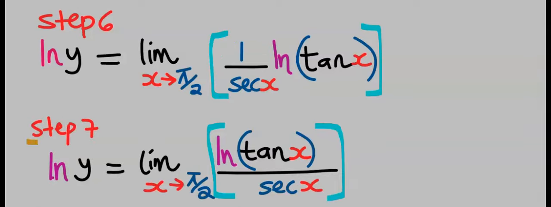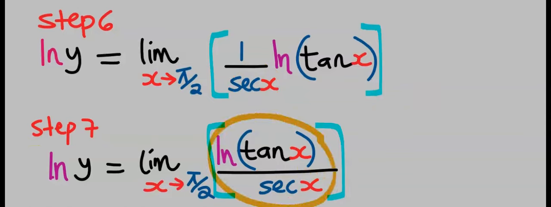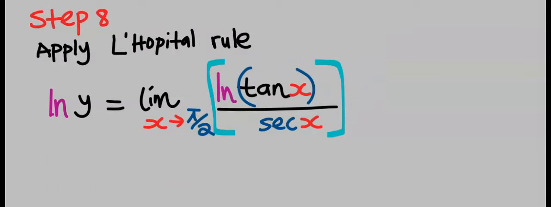Next, in step 7, the sec x will continue to be at the denominator. Next, in step 8, we are going to apply L'Hopital's rule to this function.